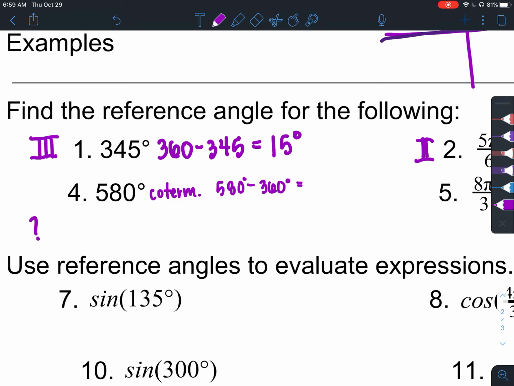So we get 220 degrees. Now 220 degrees is in the third quadrant. So then if I take 220 degrees minus 180, I'm going to be left with 40 degrees for my reference angle.